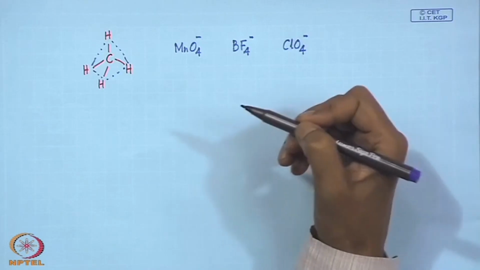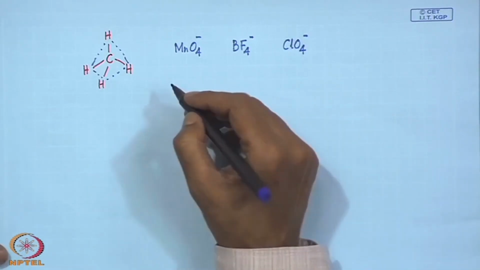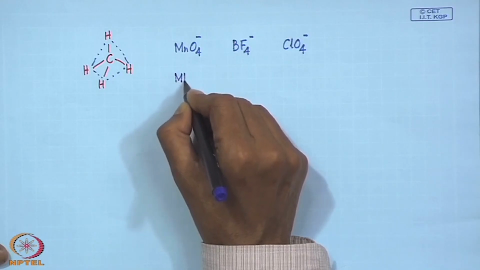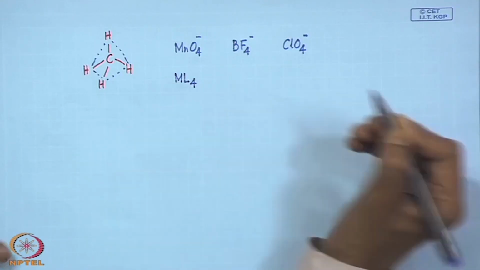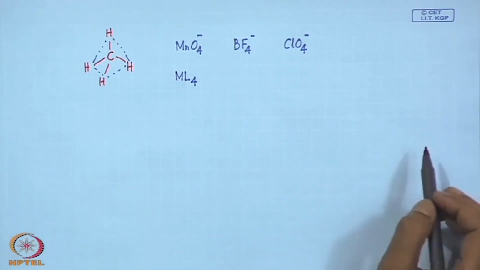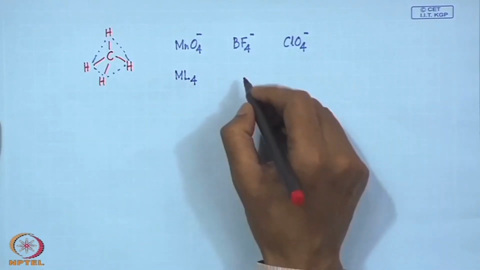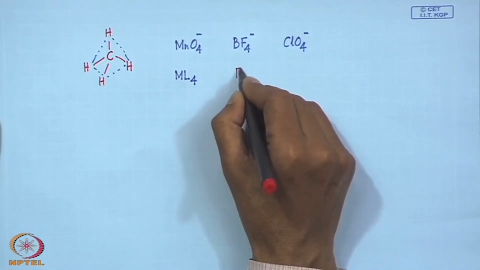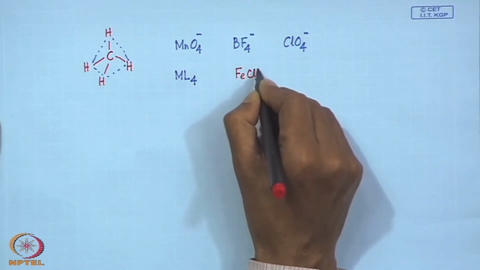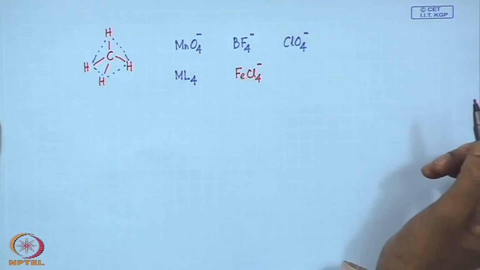But how quickly do we get a typical example of a coordination number of 4 where we have the metal center and we have 4 ligands? So it is a difficult choice for us when we react a typical metal ion with 4 such ligands, such as if we want to make the corresponding FeCl4 minus.